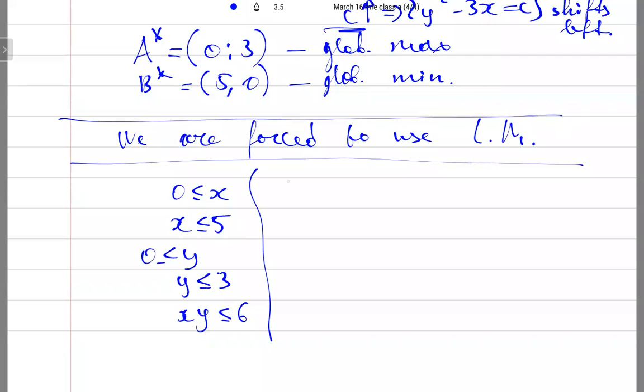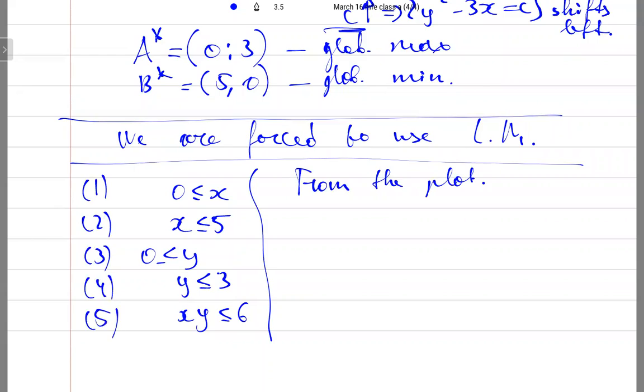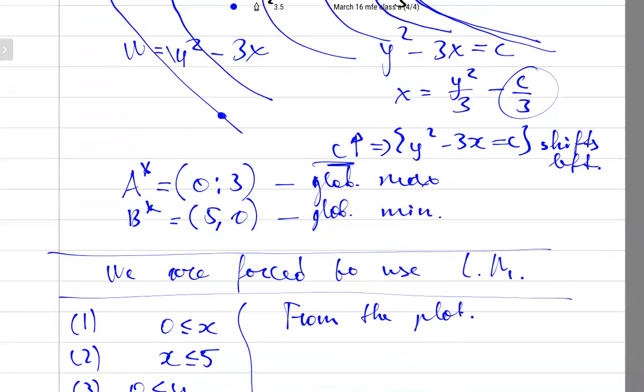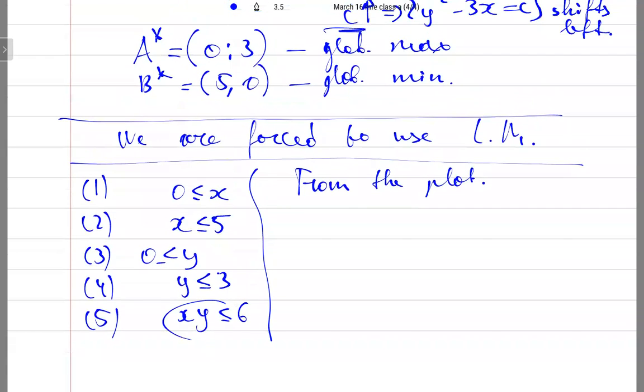But from the plot I see that inequality number 5 is never active in the optimum, at point A or point B. Number 5 is not active.